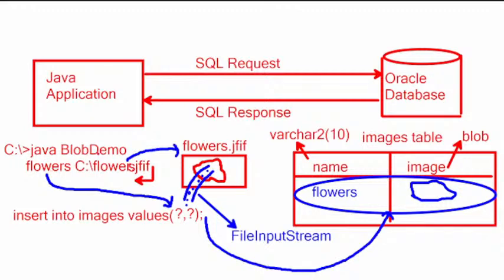The other parameter is the path of the image. Then we have to open the file for reading. The file content we have to store. Nothing but the stream reference we have to pass. Then it will take care. If you pass the stream reference, whatever is in that stream is stored in the database.